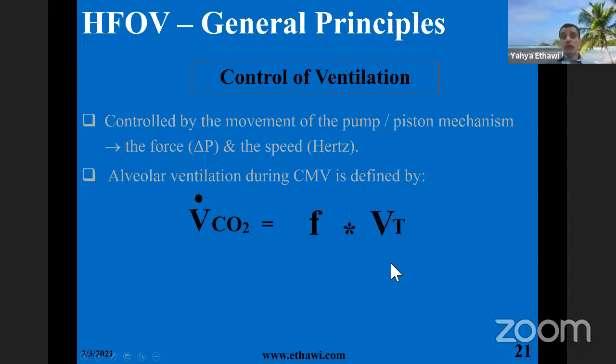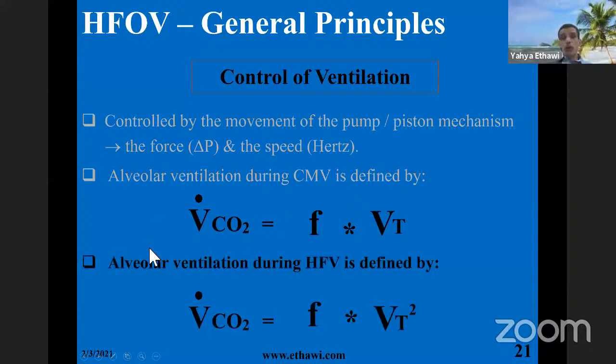In conventional mechanical ventilation, the minute ventilation equals the frequency times the tidal volume. In high frequency, the alveolar ventilation has the same definition, but it is affected less by frequency. It is affected mainly by the tidal volume, while the minute ventilation in conventional is affected by both rate and tidal volume.